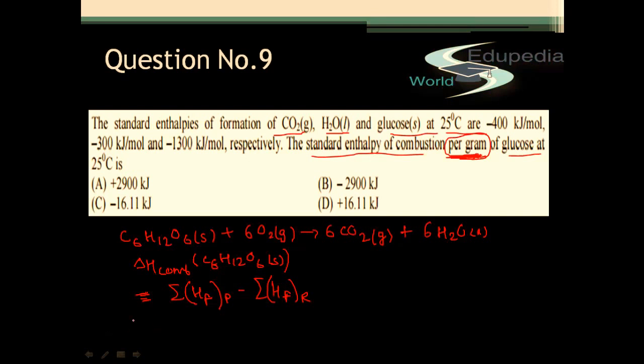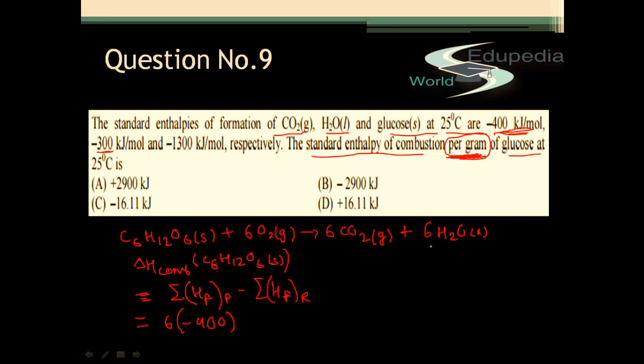So if we apply this concept over here, we will find that the enthalpy of formation of products can be written as 6 into the delta HF for CO2 gas, which if we look in the question has been given as minus 400 kilojoule per mole. So we substitute over here 6 into minus 400.